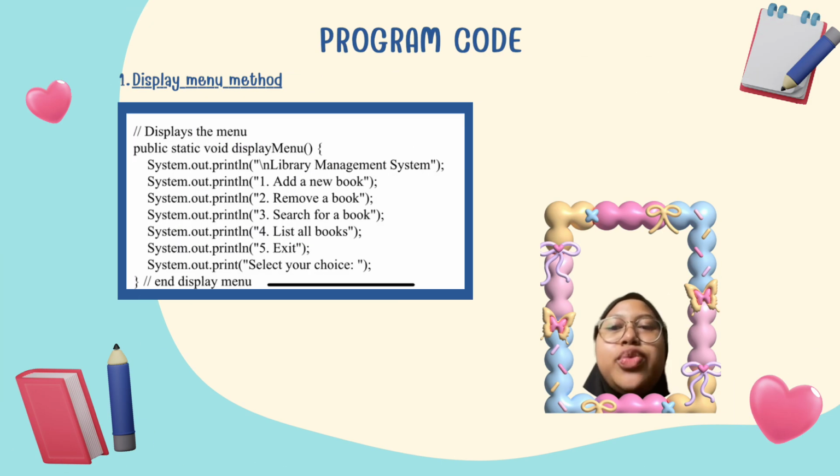Okay, so next I will explain about the displayMenu method, where we use public static void displayMenu because we are not returning any value. We also use System.out.println to display Library Management System and choices 1 until 5, which are 1 add a new book, 2 remove a book, 3 search for a book, 4 list all books, and 5 exit.